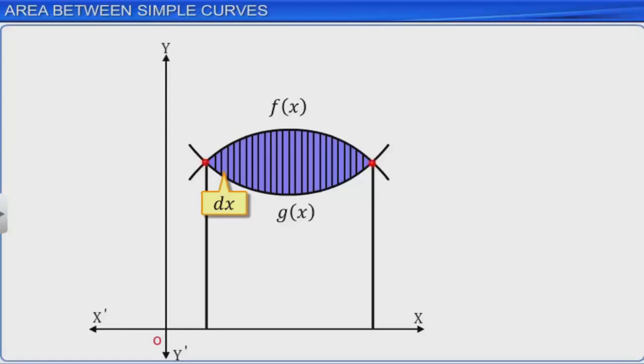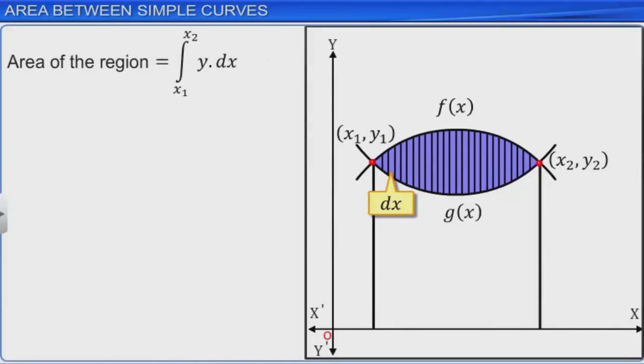These points are the end points on both sides of the region, which can be found by solving the equations of curves. Let these points be x1, y1 and x2, y2.